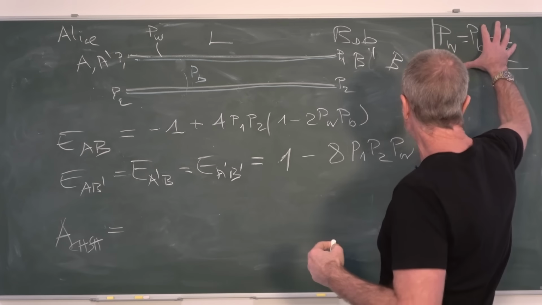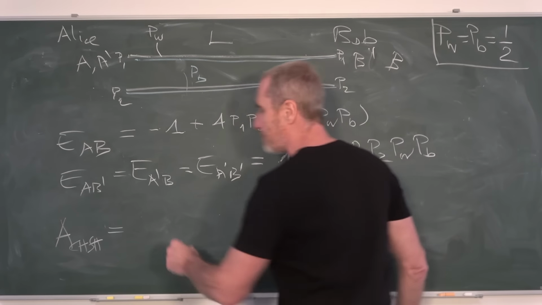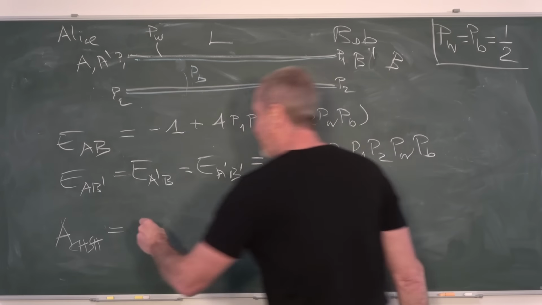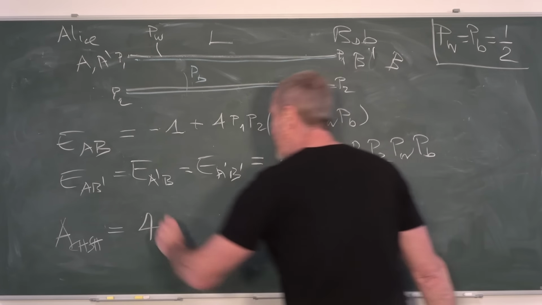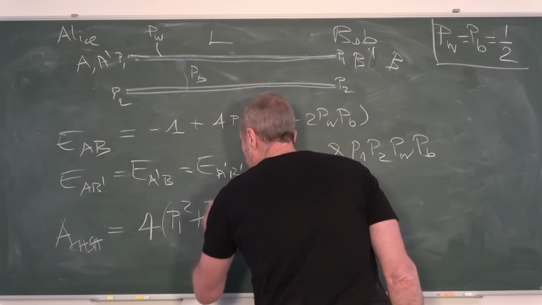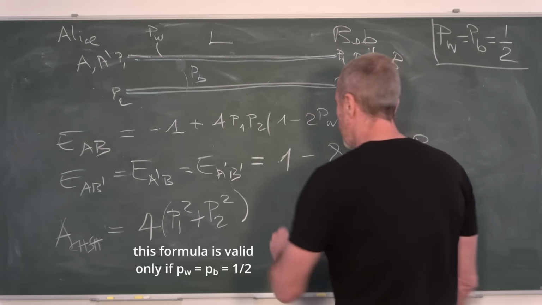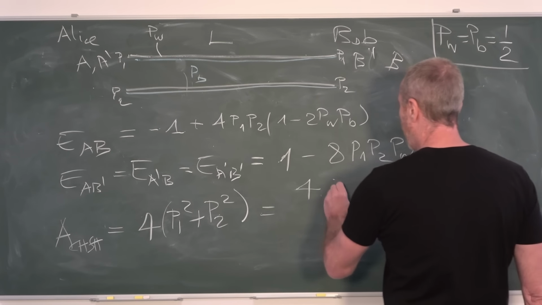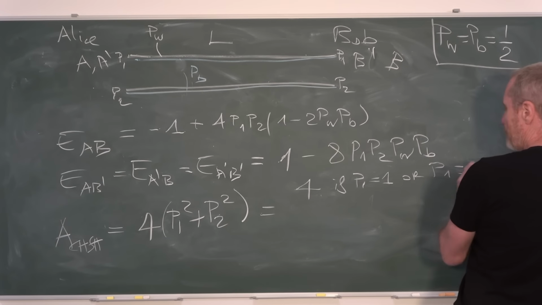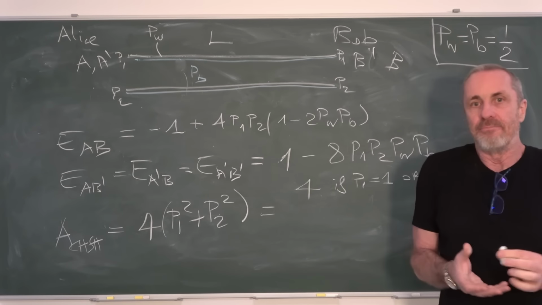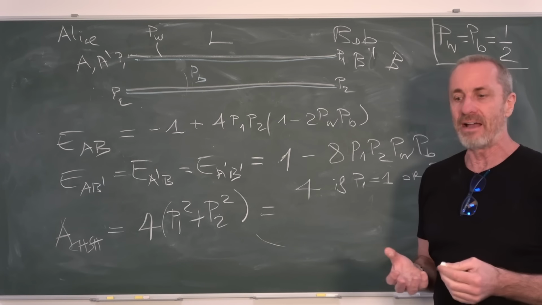But now, in this circumstance, we can also show that this A quantity, which is in Bell's inequality, is equal to 4 divided by P1 square plus P2 square. And you see immediately that this can be equal to 4 if, let's say, P1 equals 1 or P1 equals 0, then you will have a maximal violation, but we can also have different degrees of violation, of course.